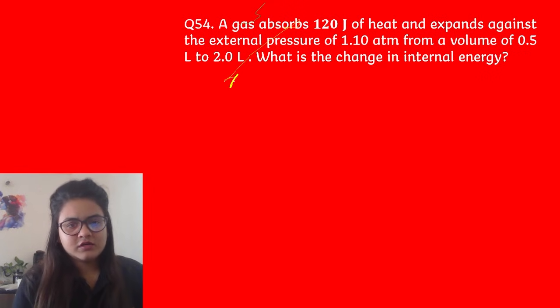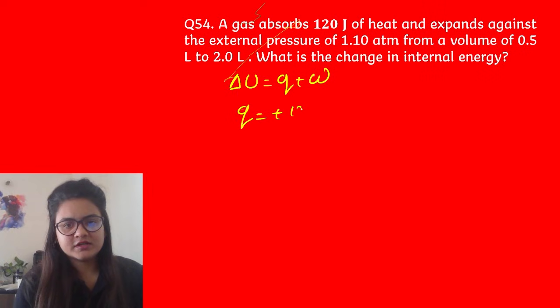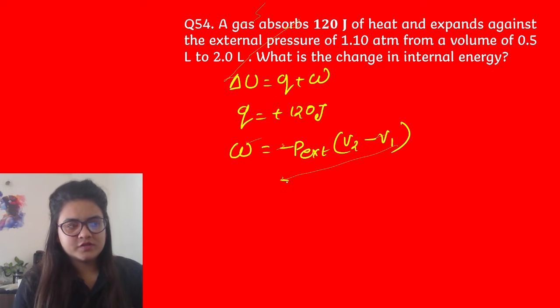Okay, so we know delta U equals Q plus W. So Q value given is how much? Plus 120 joule because heat is absorbed. So from here W we know is minus P external into V2 minus V1, right? So let's put the value here.